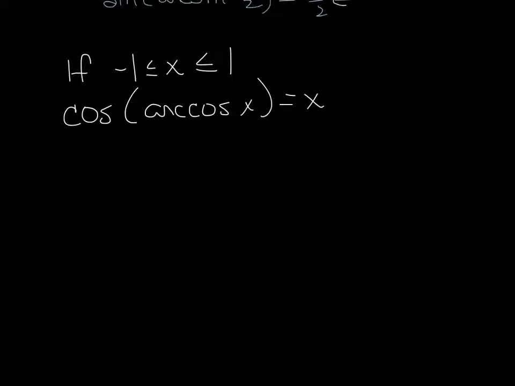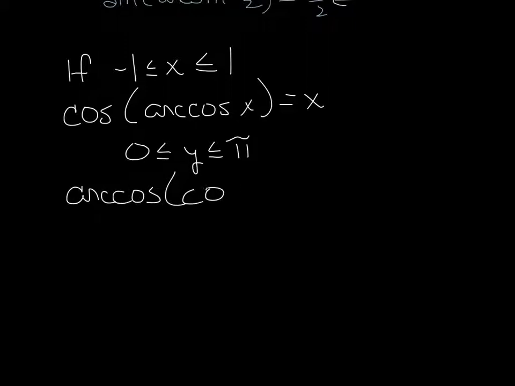In this case, if y is between 0 and pi, and we take the arc cosine of the cosine of y, we get y. Notice these restrictions have to do with the domains of that inside function when we take the composition of the inside function.